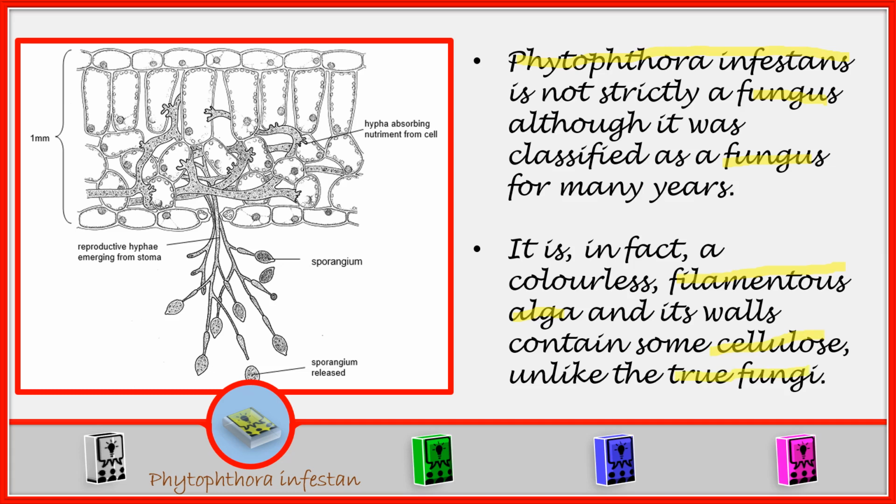So we are looking at Phytophthora infestans. It is not strictly a fungus because it is a colorless filamentous algae, and its walls contain some cellulose, which is not likely to be in a true fungi.